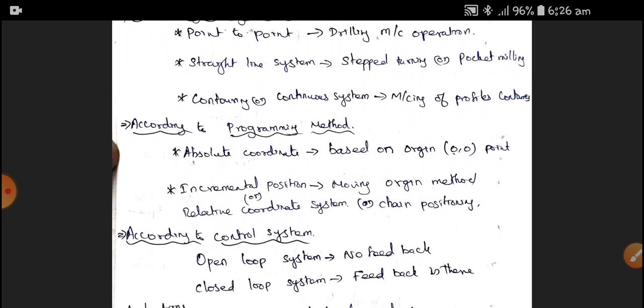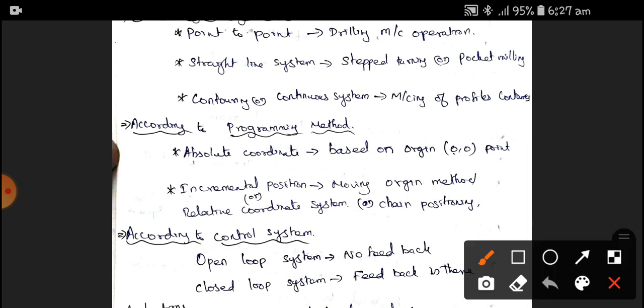Next, according to the programming method, one is absolute coordinate. Absolute coordinate means positions are based on the origin, the zero point. The next one is incremental positioning, or moving origin method, also called relative coordinate system or chain positioning system. For this, I would like to give a graph for better understanding.